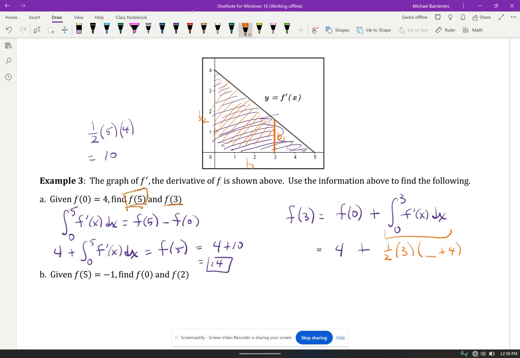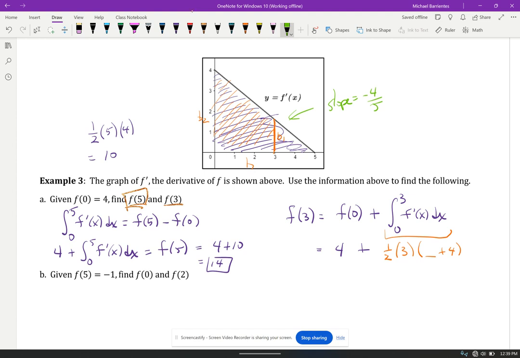I know that the slope of this line is -4 over 5. It goes down 4 over 5. Another way to think about it is, for every one step that it goes over, it goes down 4/5.